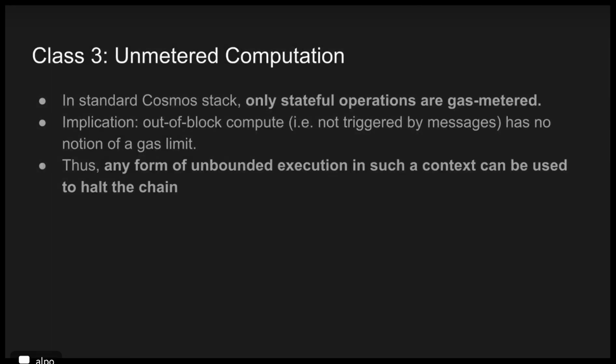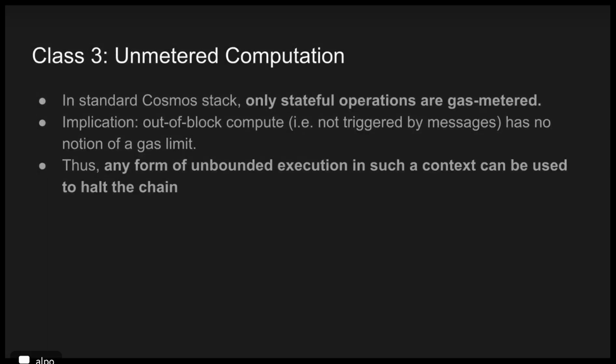Intuitively, this means that if you have node code, we can't set a global gas limit for the Cosmos SDK code, right? This is not something that happens. So what we see is the gas meter can keep ticking up as operations happen, but there's no limit. So if you can somehow trigger, say, an infinite loop in begin block code, you can halt the chain, right? Any kind of unbounded execution can be used to indefinitely halt the chain.